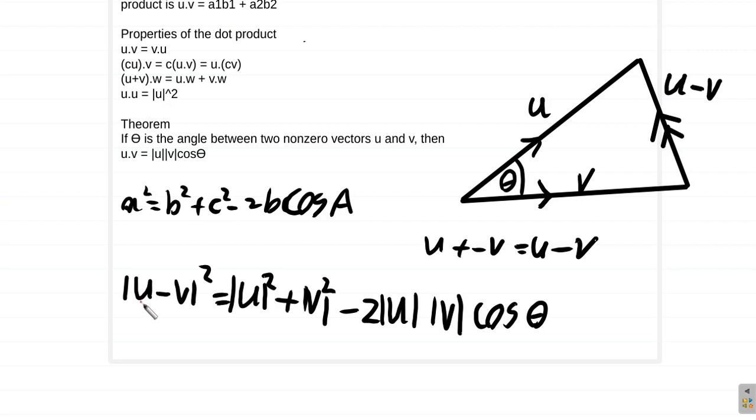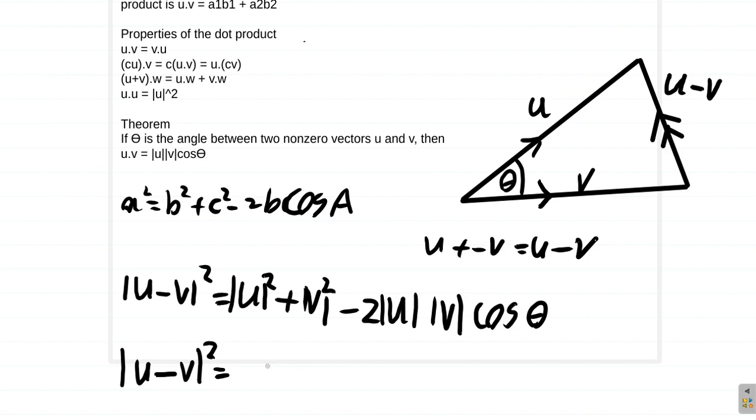Now, I'm mixing it up. The vector I'm using is u minus v, so u minus v is a vector.